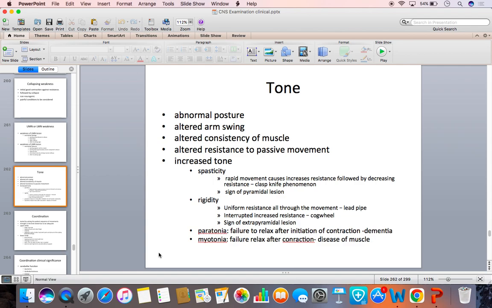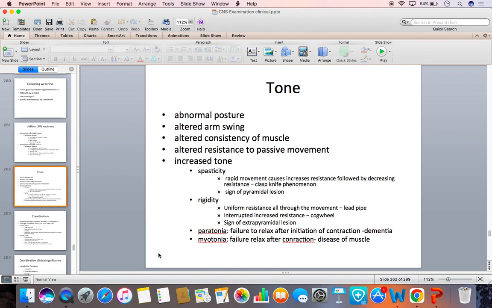Degree of swing is diminished. Altered consistency can be tested by feeling the muscles in the first interosseous space, in between the thumb and the index finger. The muscle consistency can be compared with the consistency of the first interosseous muscles.